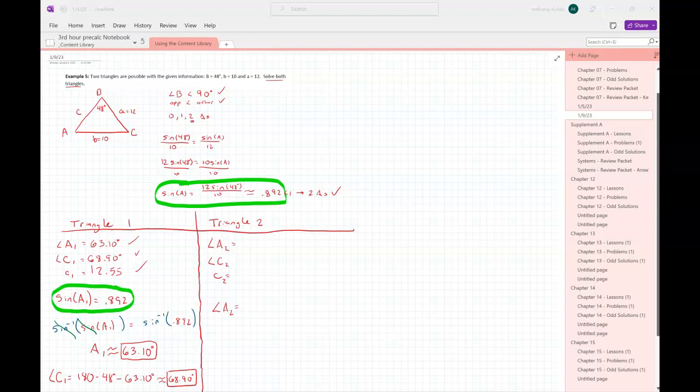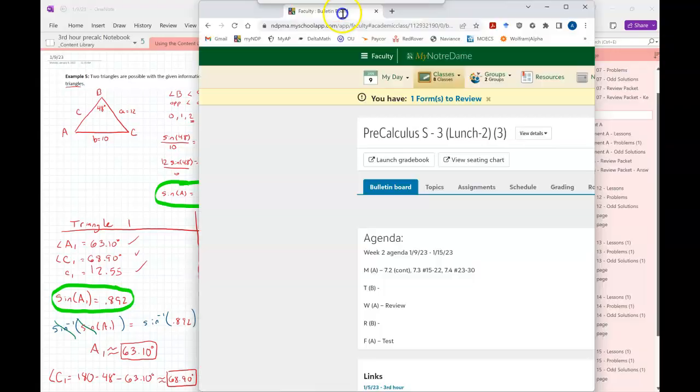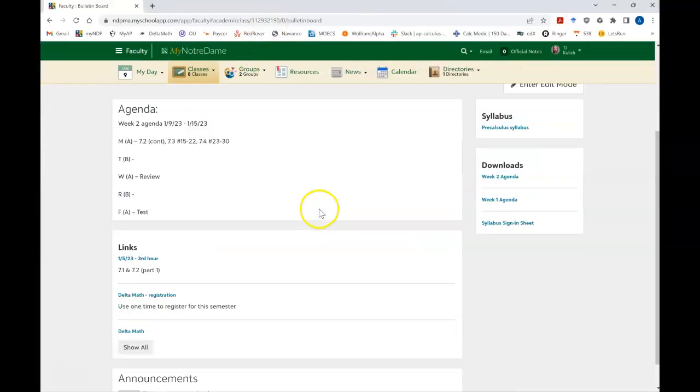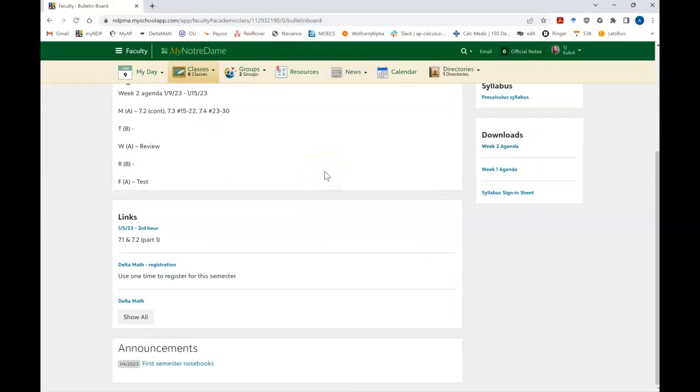The other thing that we need to do, again, if you weren't here on Thursday, is open up My Notre Dame. Under the links heading, there's a link that says Delta Math registration.